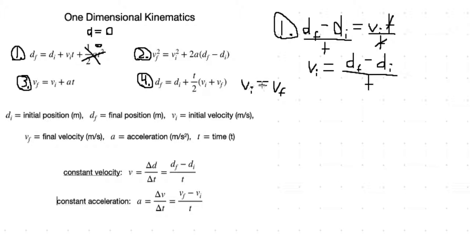So we know vi is equal to vf, so we could just call this v. So that means that vi is equal to v. So now we have the same form as the equation for the constant velocity. So that means that equation 1 agrees with the constant velocity equation, which should be happening because we have acceleration equal to 0. Now what about equation 2?